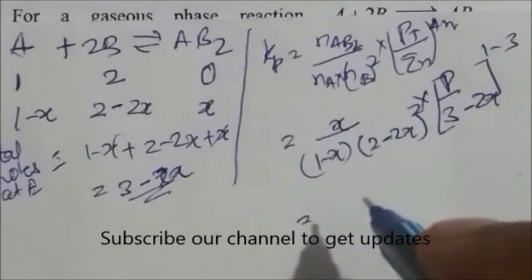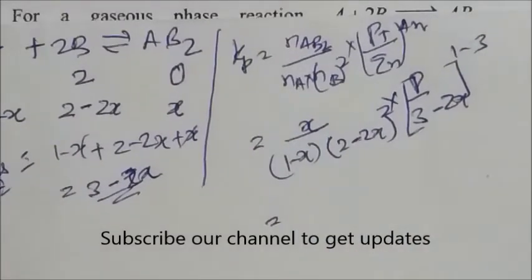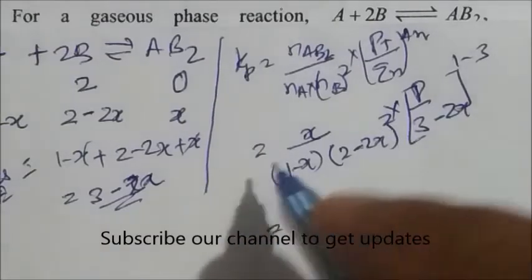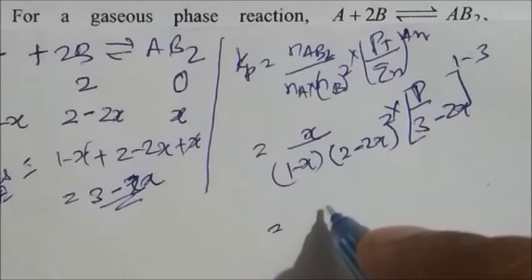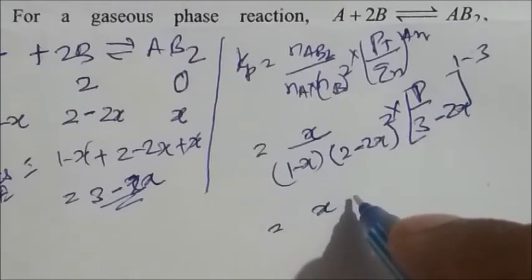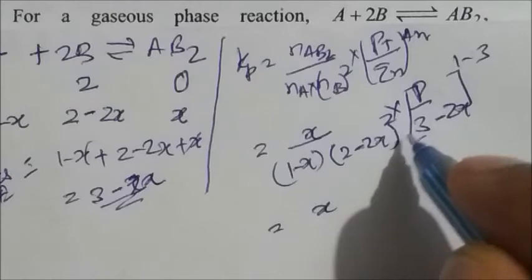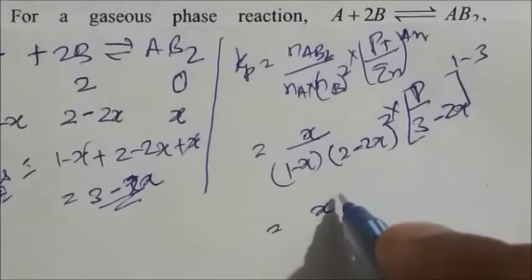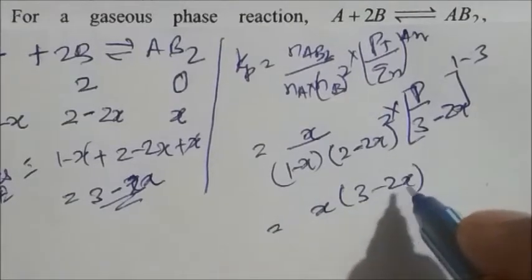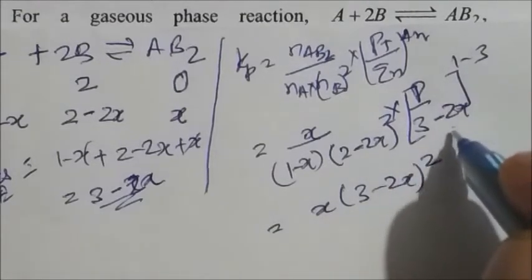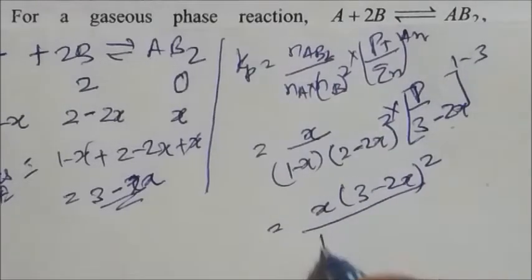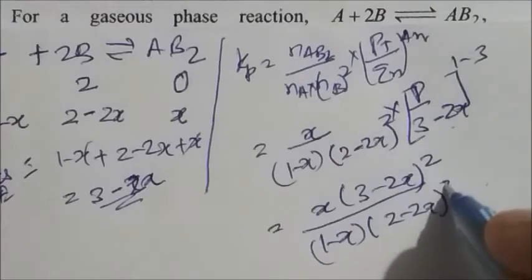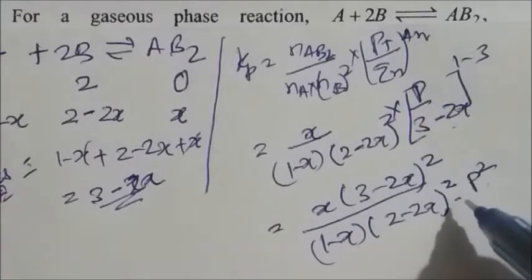If you solve this equation, again the pressure is what we have to find out. On solving, since the power is minus 2, x multiplied by 3 minus 2x whole square goes up, and the remaining 1 minus x multiplied by 2 minus 2x, whole square, with P going down as a square.